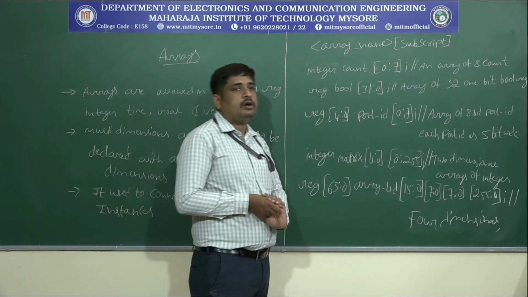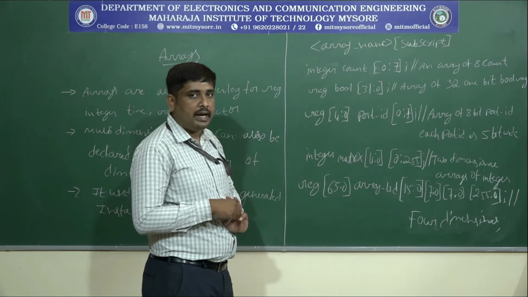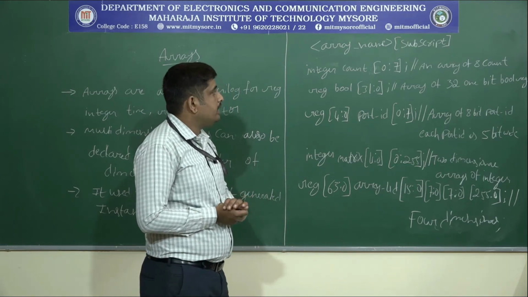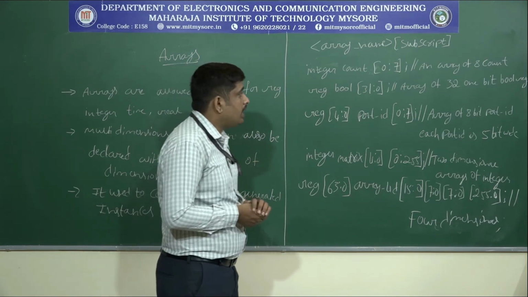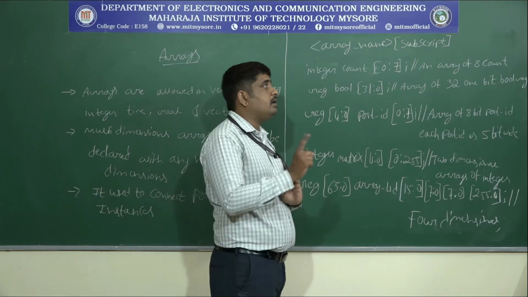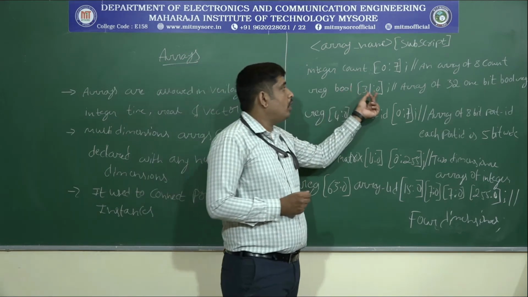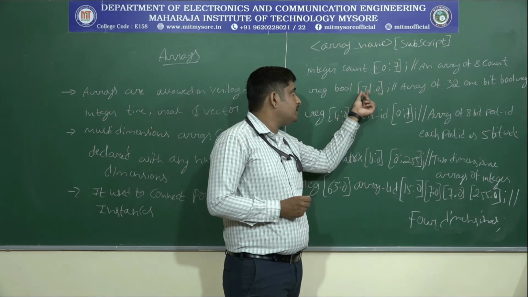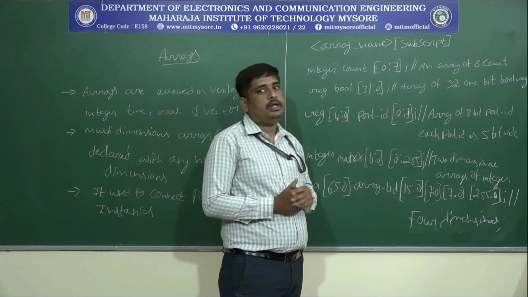It's an 8-bit count, which we simply represent, and it should be an integer. Next, register bool function, which we call a Boolean function: an array of 32 1-bit Boolean registers. Here it is 32 1-bit because we represent 31 down to 0, which is 32 bits.